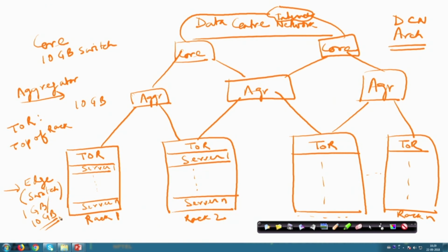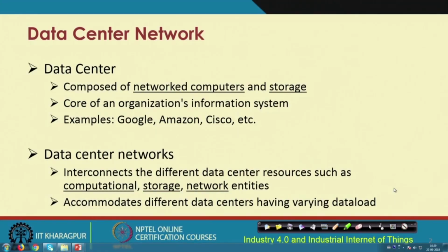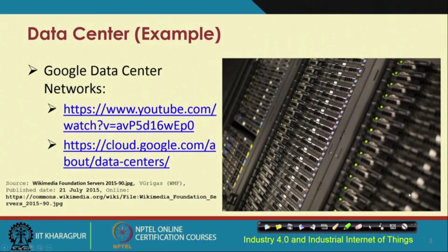So, this is a typical data center network, how it looks, right. Let us now go further and look at the different characteristics of these data centers.